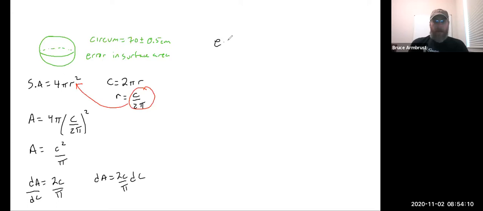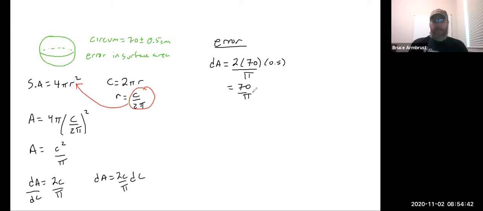So now I can actually figure out what that error is. The dA is my error in my area. I need to know C and dC. So I need to know the circumference, and I know that one's 70. And then I need my dC, and dC is the error in my circumference, which is the 0.5.